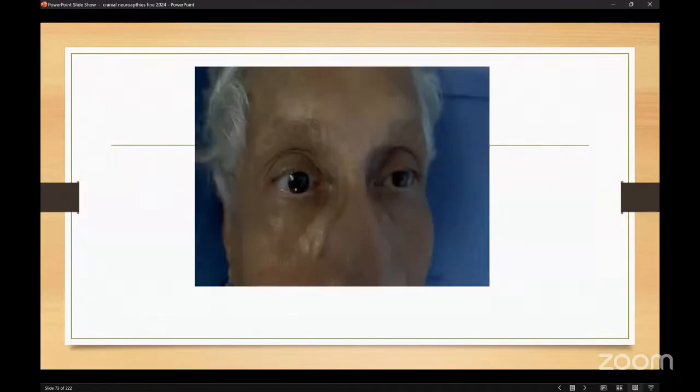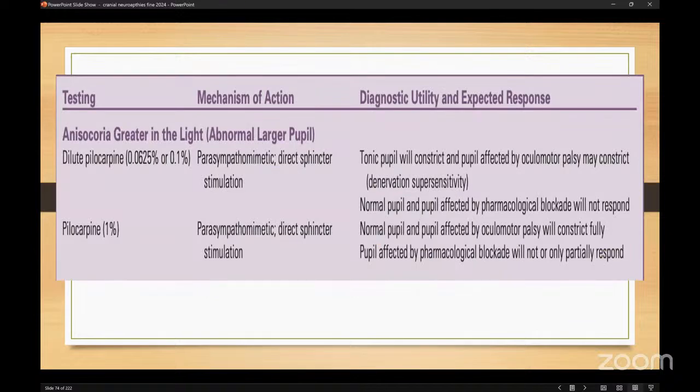So we have discussed this Horner pupil and the role of cocaine, apraclonidine, and hydroxyamphetamine, and the role of pilocarpine in a dilated pupil. If there is a dilated pupil and it is not reacting to accommodation, then it is because of third nerve or pharmacological blockade.